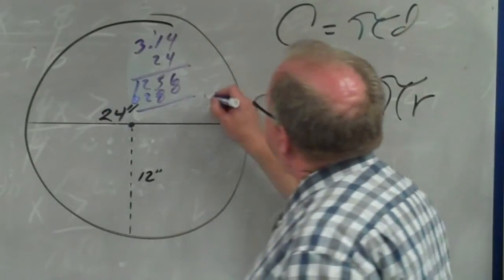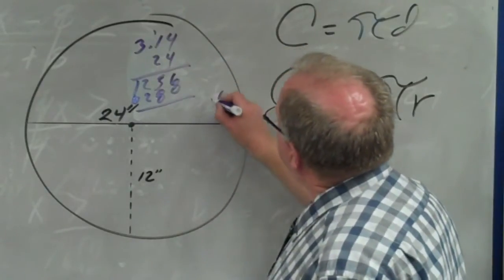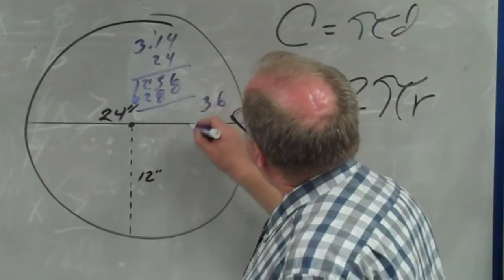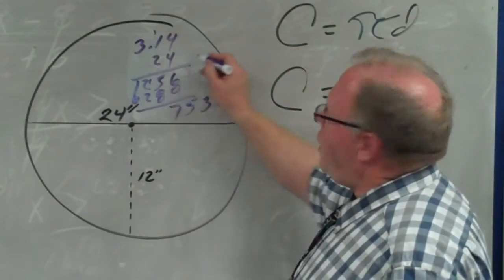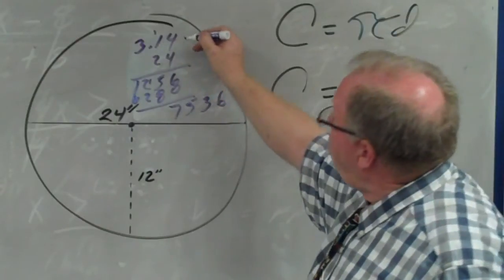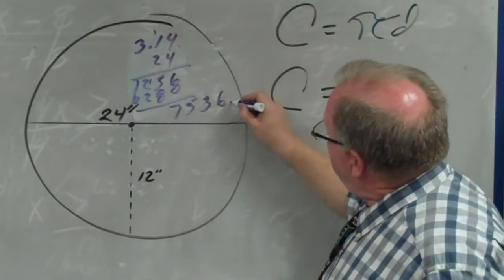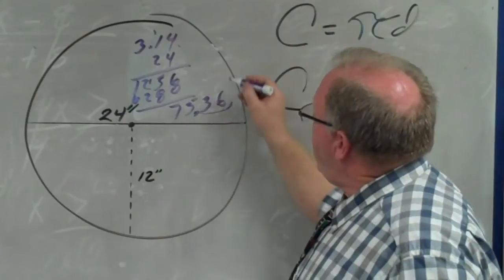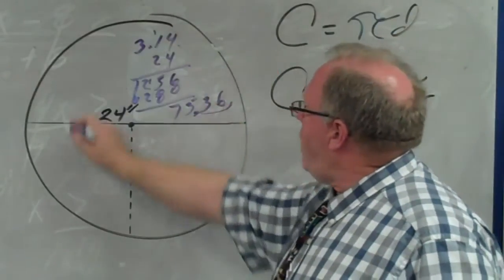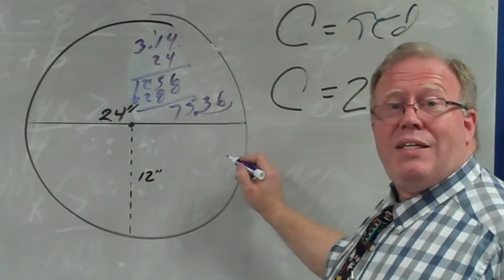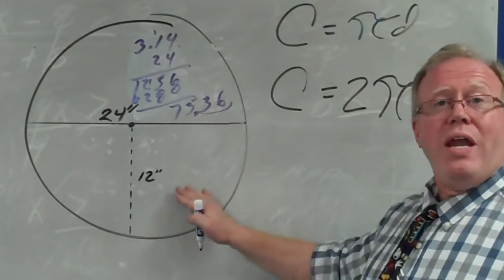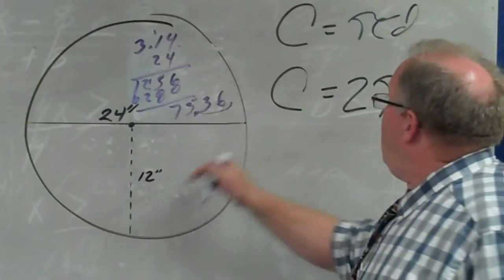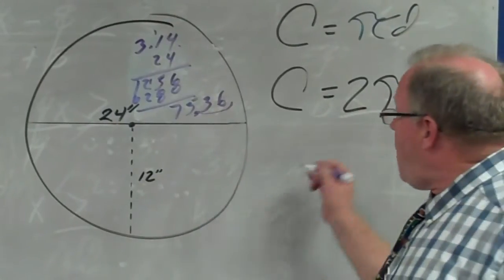So we add all that together. We move our decimal over 2 places to the right, so that we can move them back. And our circumference then is 75.36 inches.